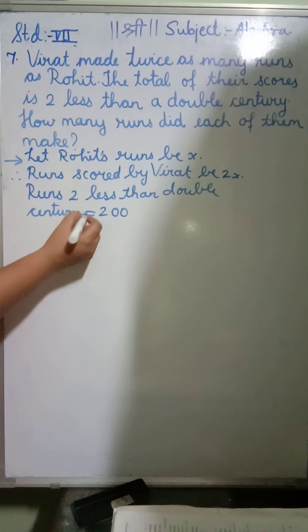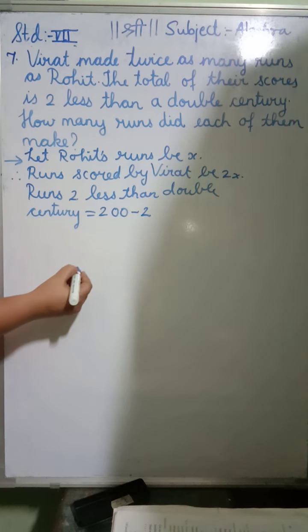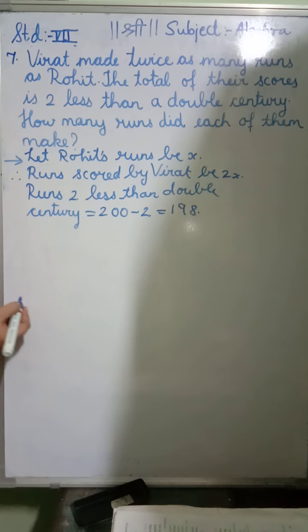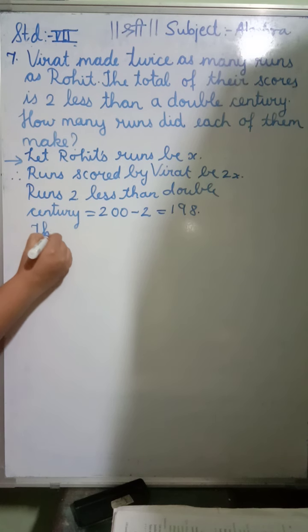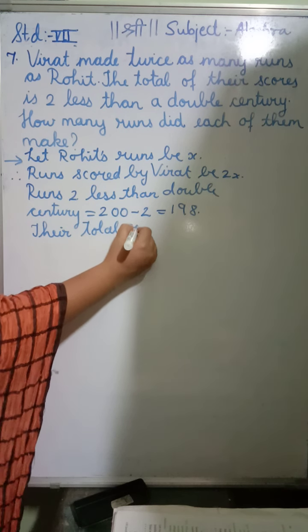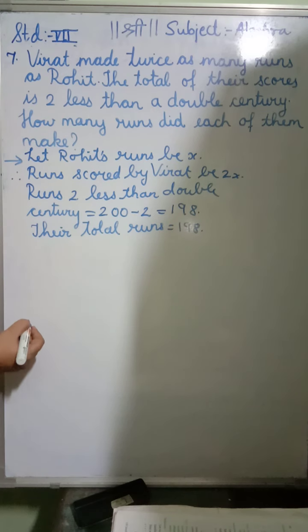Yes. From that 2 runs are less. So will you subtract 2? When you subtract 2, what will be your answer? 198. Yes. So this will be the total. Yes. Their total runs equals 198.